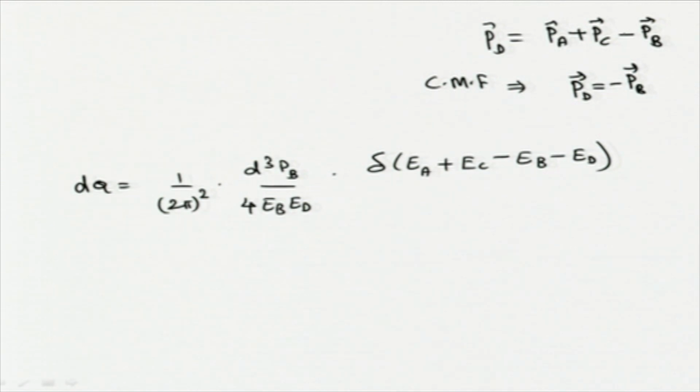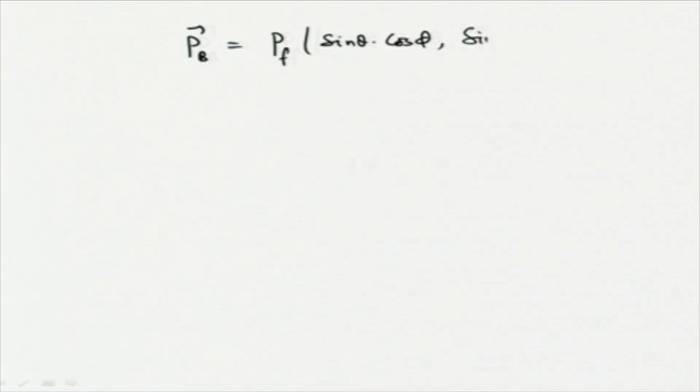All right. Now, let us look at this other integration, d 3 P B. The 3 dimensional P B, let me write as P F, the magnitude, sin theta cos phi, sin theta sin phi, and cos theta in a polar coordinate system, where theta is the polar angle and phi is the azimuthal angle of P B. In this case, d 3 P B is essentially a volume element.